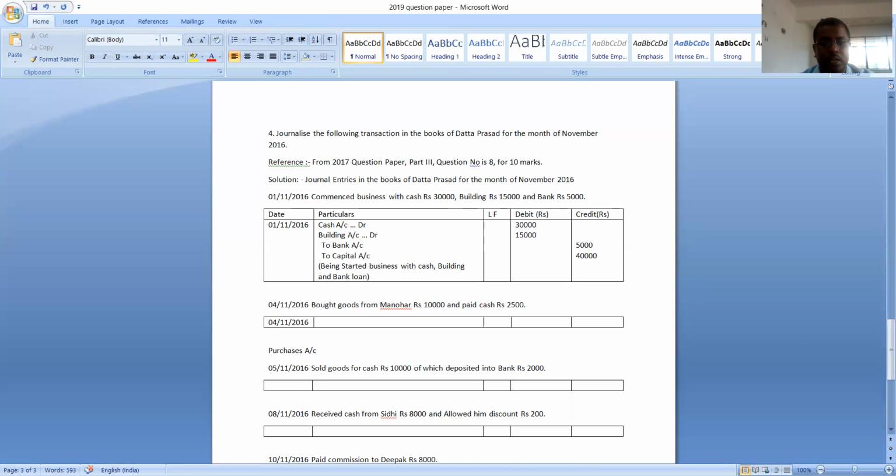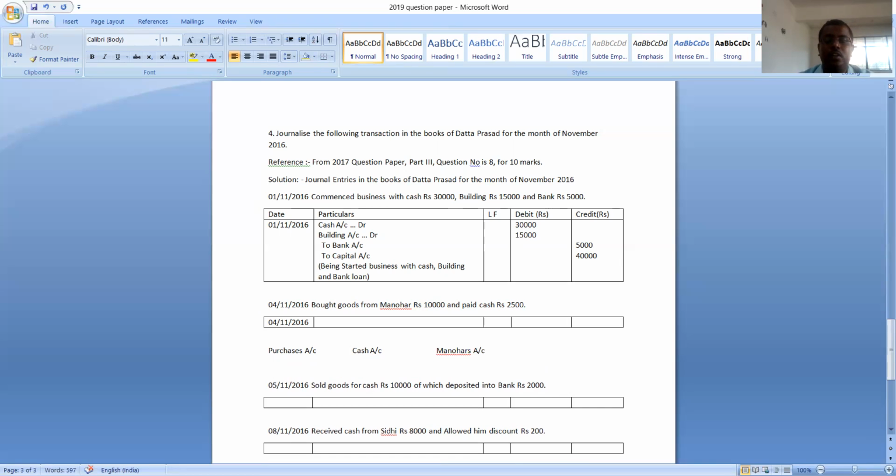One is purchases account, another one is cash account, and another one is Manohar's account. Like this, totally you will find three accounts because it is partly cash and partly credit. If it was completely credit transaction, only two accounts would come: purchases account and Manohar's account.